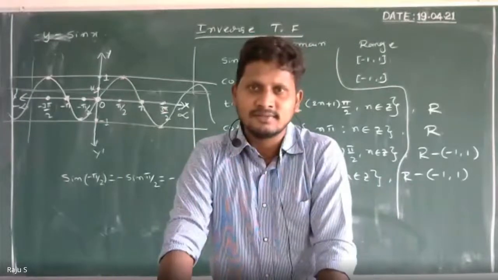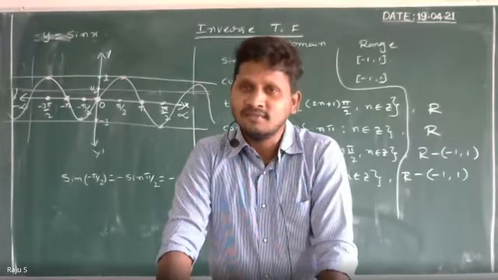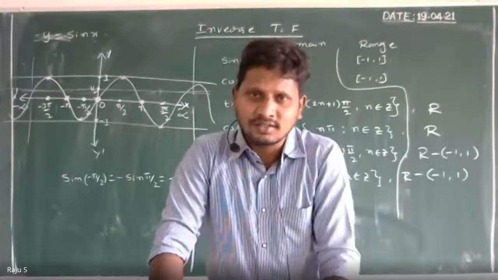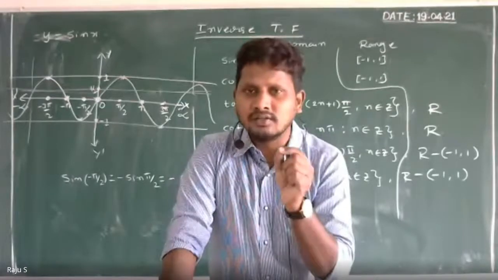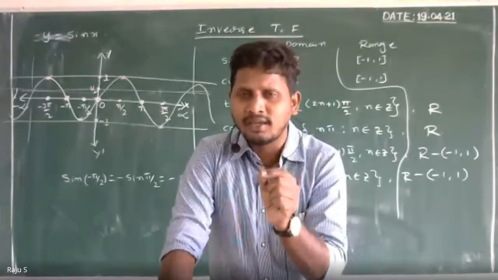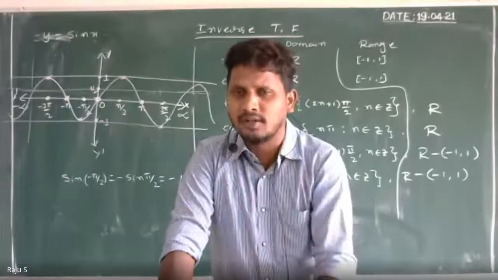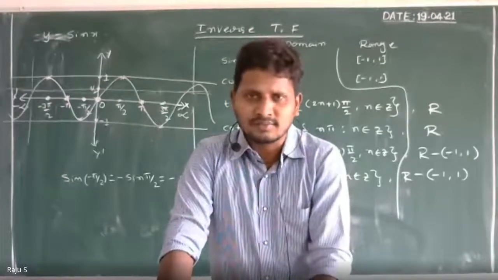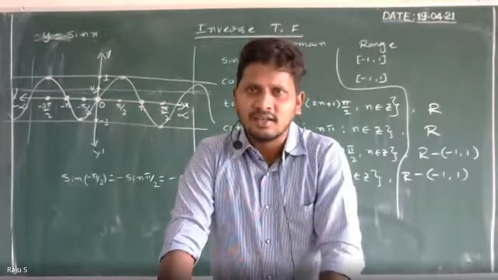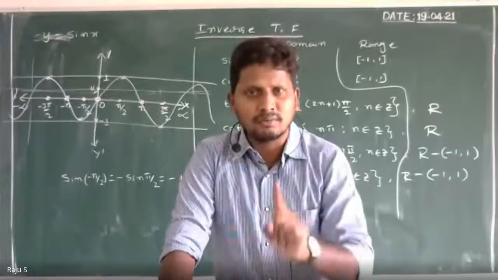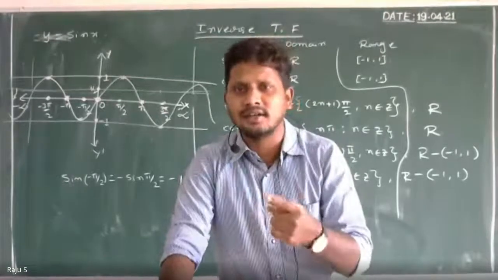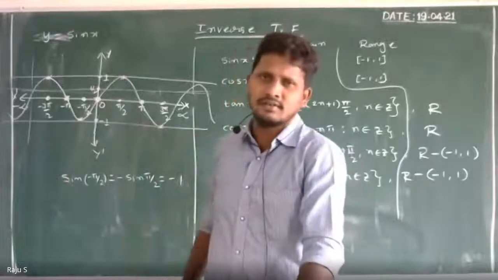Infinite points. But what is the condition? If we draw the horizontal line, it will meet at most 1 point only. If it intersects the given curve at most at 1 point, then we can say that it is 1-1.